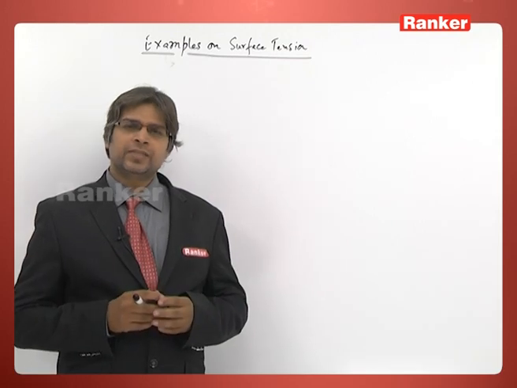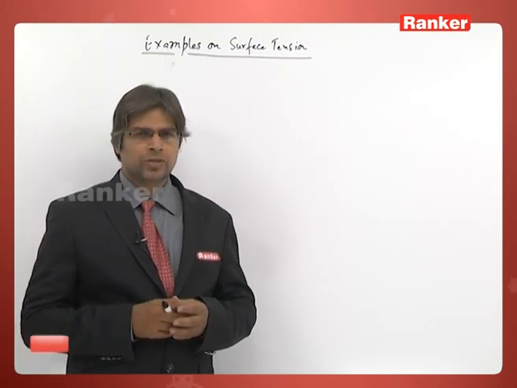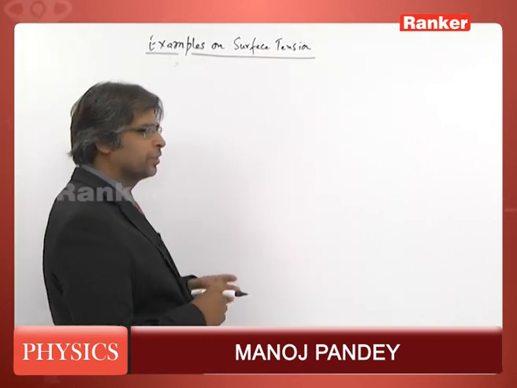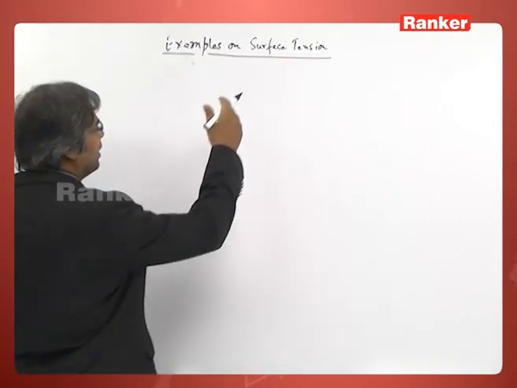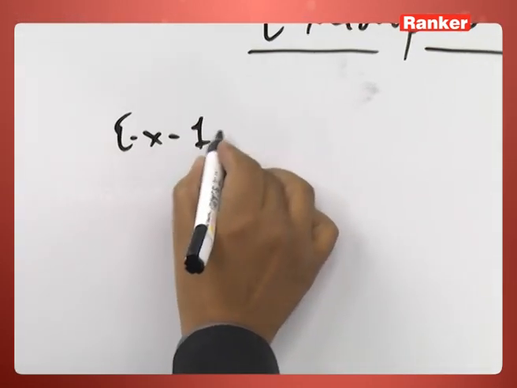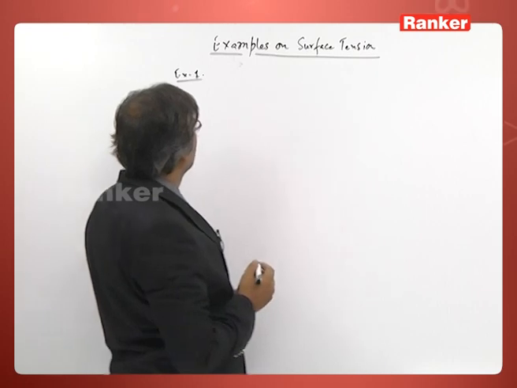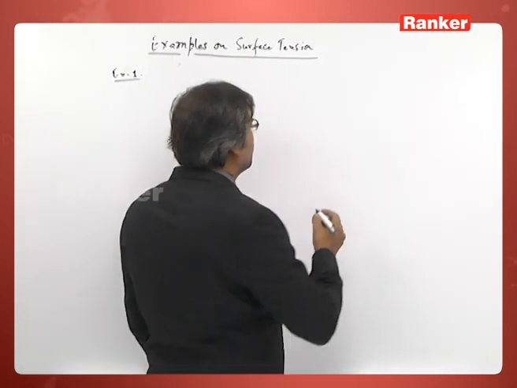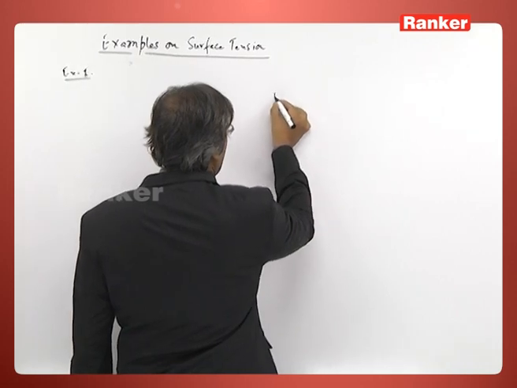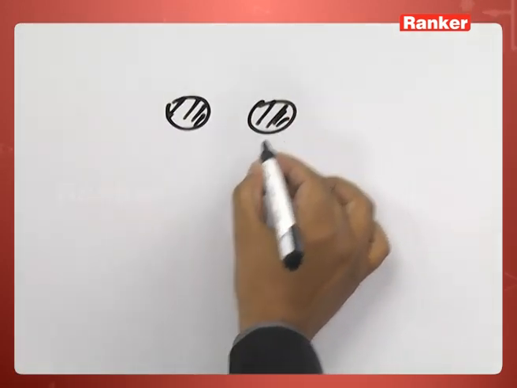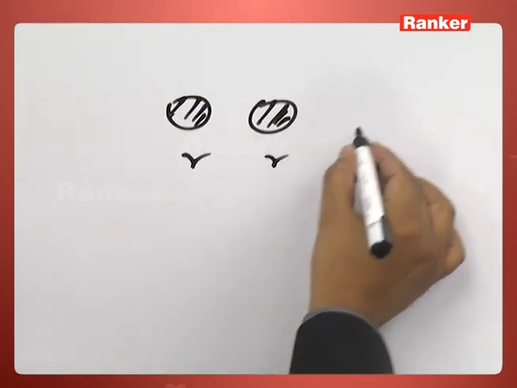So, now let us take some examples on the phenomenon associated with surface tension. We will see how to use the effect of surface tension to explain these situations. Example 1: we have n identical drops of liquid of radius r.